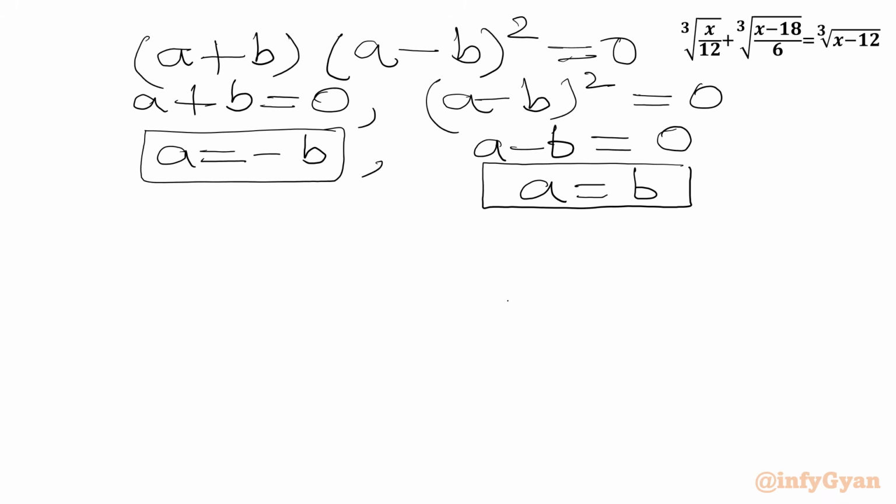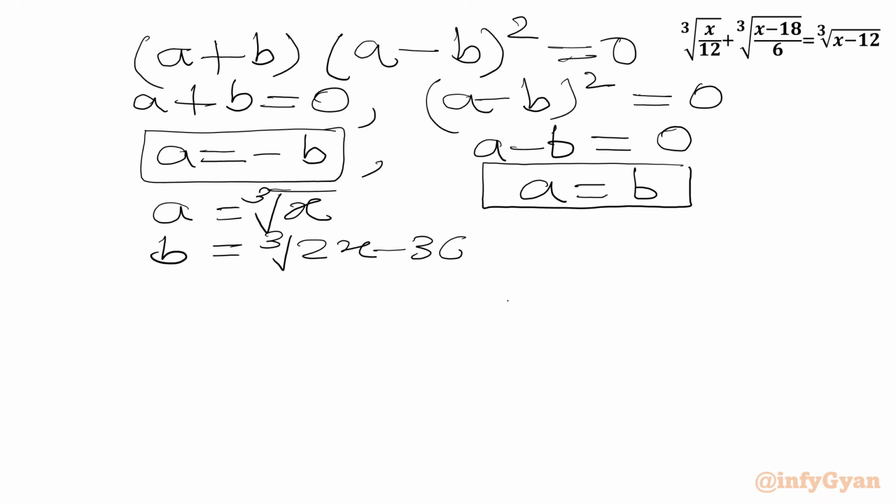Then we are going to get real solutions. Now we have to plug in a and b back here. So a was cube root x, and b was cube root of 2x minus 36. Let us put both the values over here.